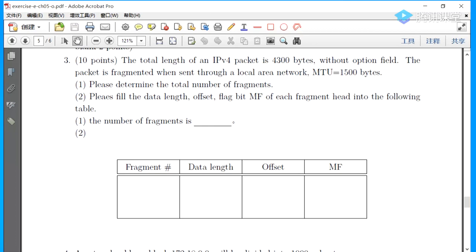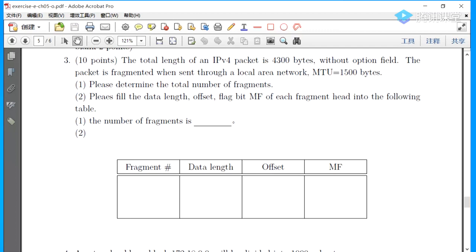We assume the total length of the IPv4 packet is 4,300 bytes without the option field. The packet is fragmented when sent through a local area network. MTU is 1,500 bytes.